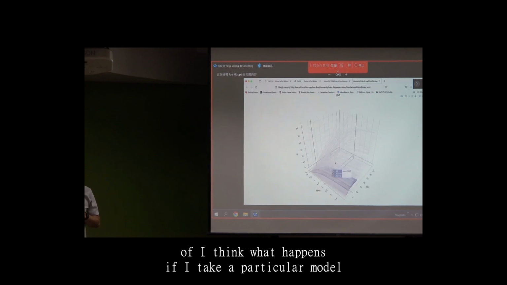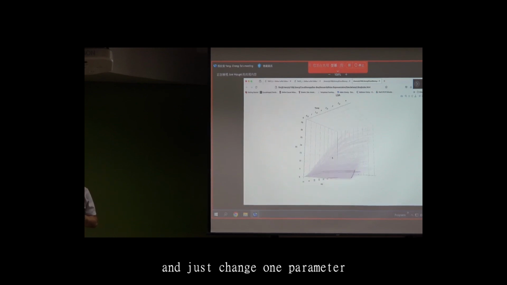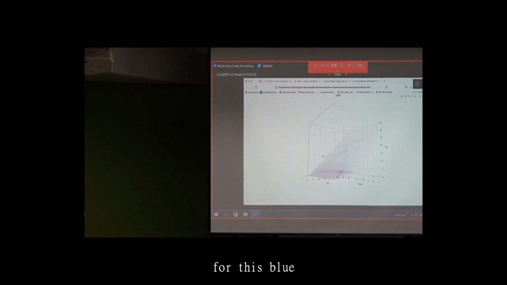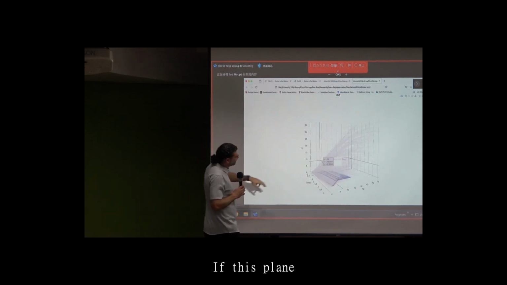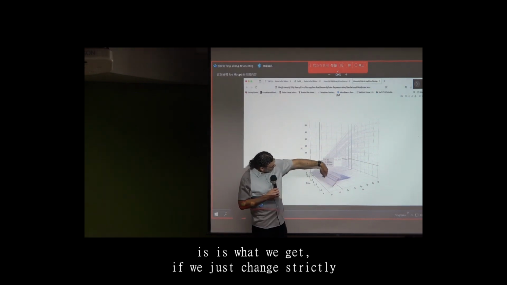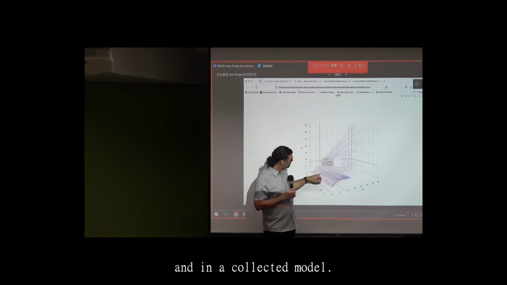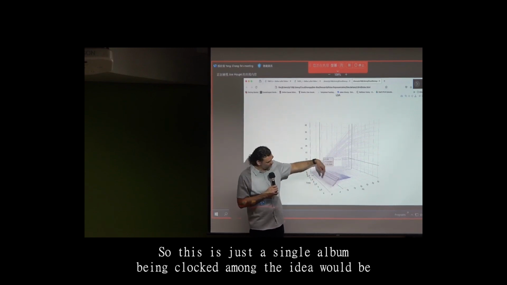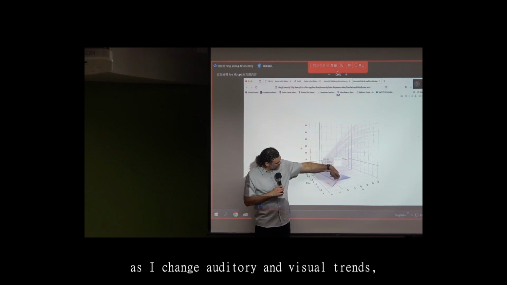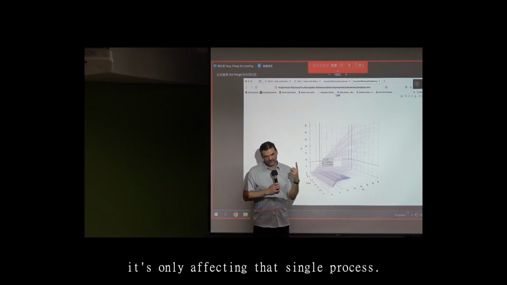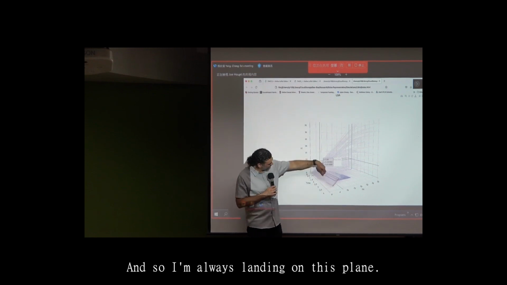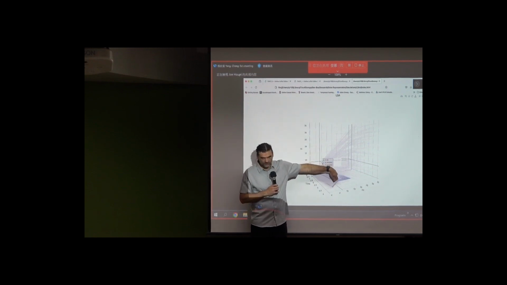by seeing what happens if I take a particular model and just change one parameter. So this blue plane or subspace here is what we get if we just change drift rate. In a coactive model, and this is just a single LBA model, the idea would be that as I change auditory and visual drift rates, it's only affecting that single process, and so I'm always landing on this plane.